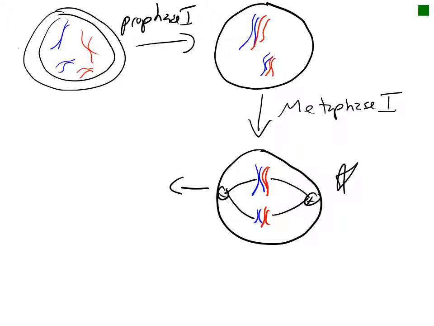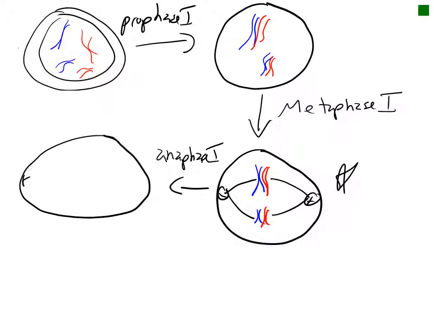The bivalent will release itself as the cell moves into anaphase 1, causing the sister chromatids to be pulled to opposite sides of the cell. Notice that this is different than in mitosis because our sister chromatids are still attached together.